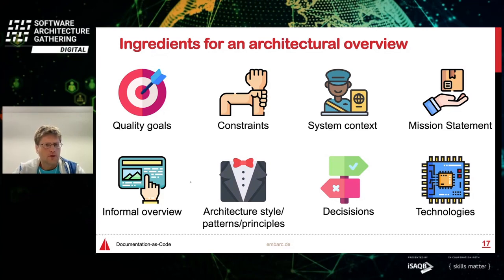So, that brings us the main content, or the main information, about our software system. And in the line below, there is all the solution information, for example some picture, an informal overview. It's like a building block view, but with some more information.